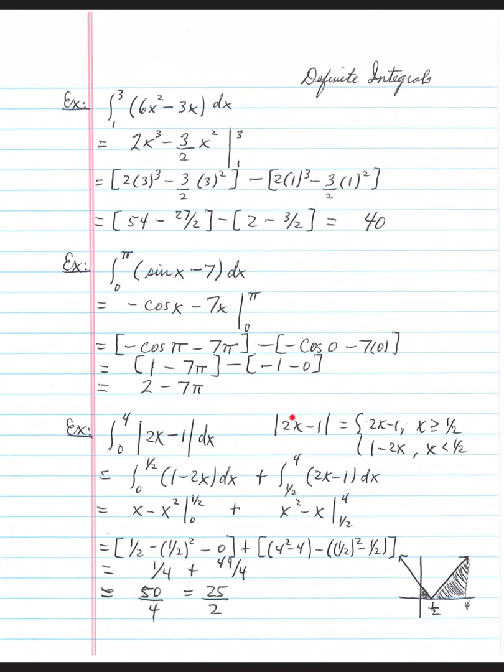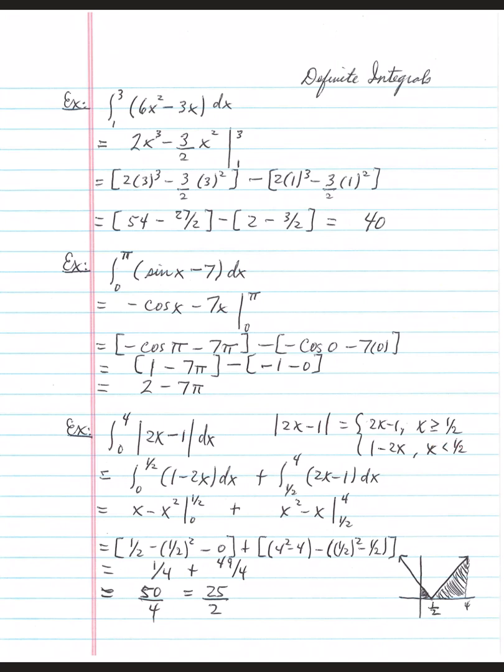For this one in particular, we'll have a V-shaped graph with an x-intercept at 1/2, and that's from setting this equal to 0 and solving. The graph behaves like the line 2x minus 1 as long as x is greater than or equal to 1/2. The graph behaves like 1 minus 2x as long as x is less than 1/2.